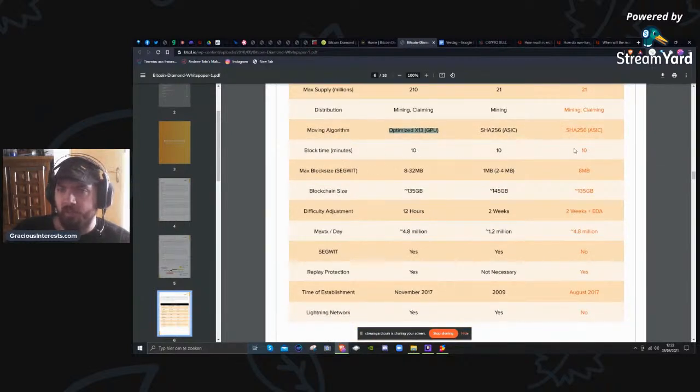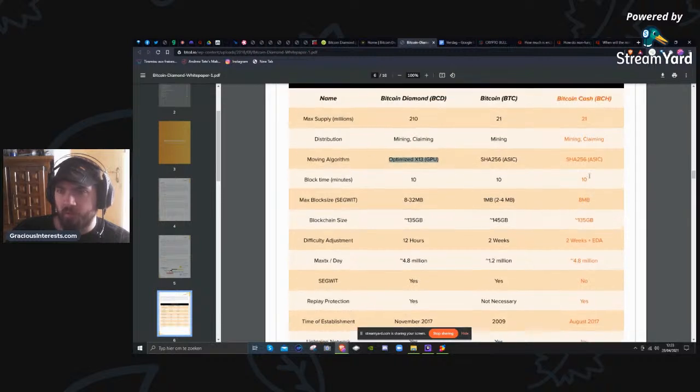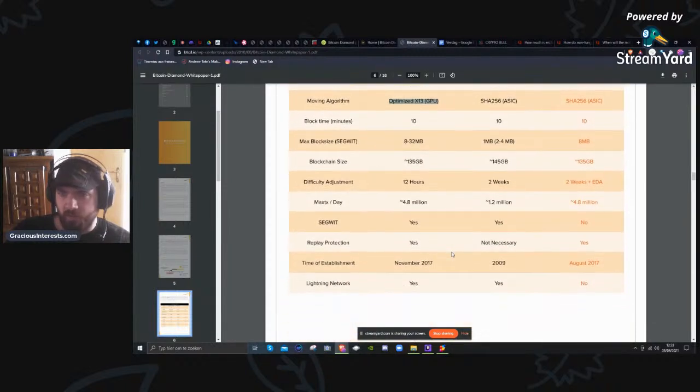Block time 10 minutes, so across the line you can clearly see it has been increased. Block size SegWit 8 to 32, 1 megabyte, 8 megabytes, so probably a hard copy somewhere of Bitcoin Cash, a fork of that one that changed the block size even further.